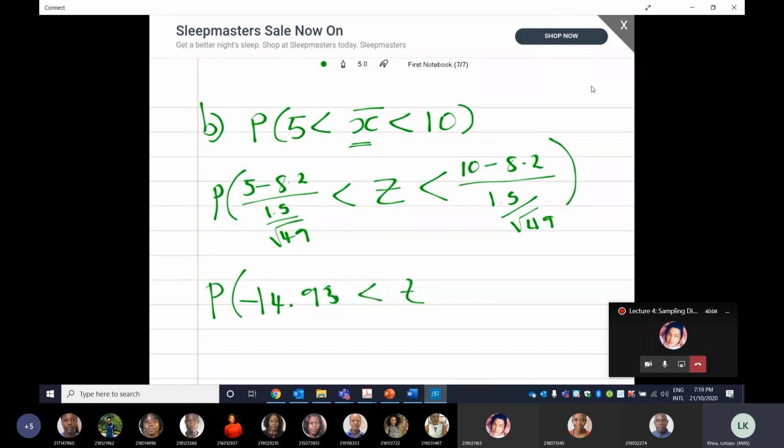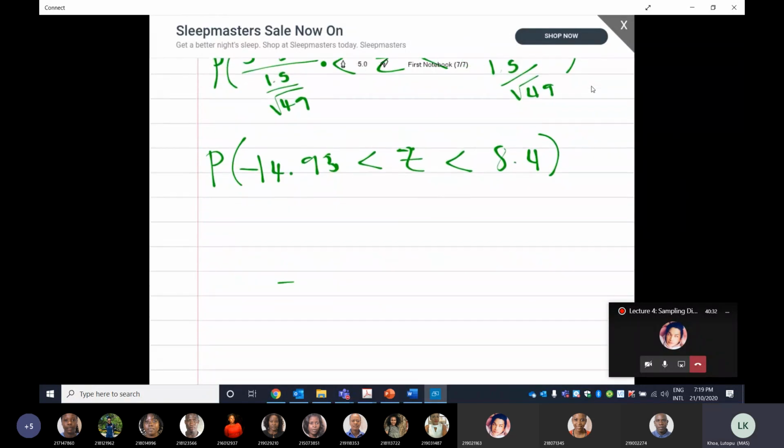Okay, and then on the right, what do we have? 8.4. Okay, so it's the same 8.4 from the previous question because we already standardized 10. Okay, so before you go and read your table, draw a picture of what it is you want to read from the table.